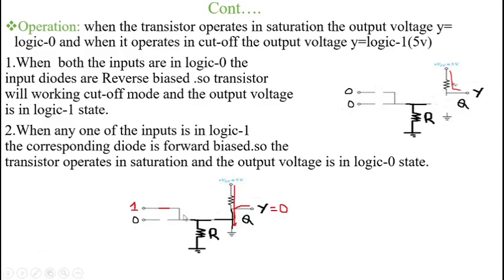Here we get logic 1, which is given to the base terminal of transistor Q. Therefore, transistor Q is operating in the saturation region and acts as a closed switch. There exists a conducting path from output terminal Y to ground, so we get the output Y equal to logic 0.